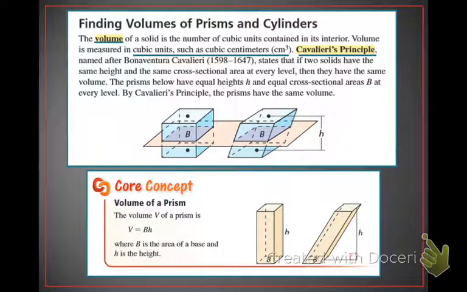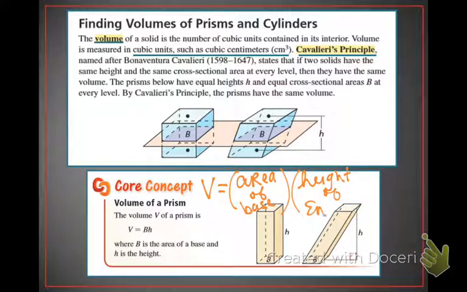So here's what the formula is. Volume equals area of the base, you want to write this down, times the height of the entire object. I write it like that because I know the common mistakes that students make on this. So the area of the base times the height of the entire object.